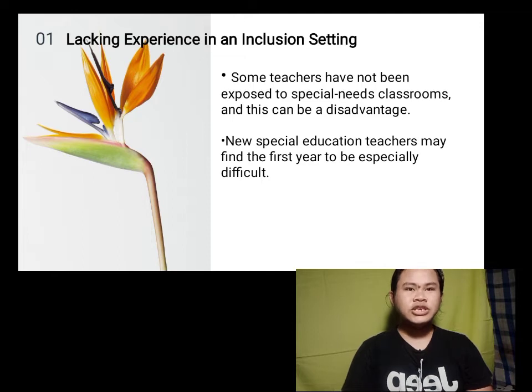In teaching an inclusive classroom, you must have experience on how to cater to and handle your students. It would be difficult for you to teach in an inclusive classroom if you don't have experience in it.